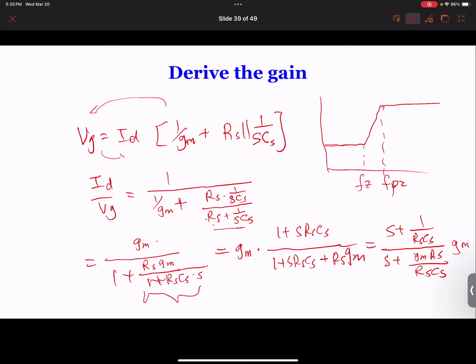When S is very small, this is neglected, you got a constant. But when S is in between these two numbers, this can be neglected, but this cannot be neglected. So you increase linearly by 20 dB per decade. But when S is very big, this can be neglected, this can be neglected, so S over S equals 1. Okay, so you get another constant up there. So that's the second portion.